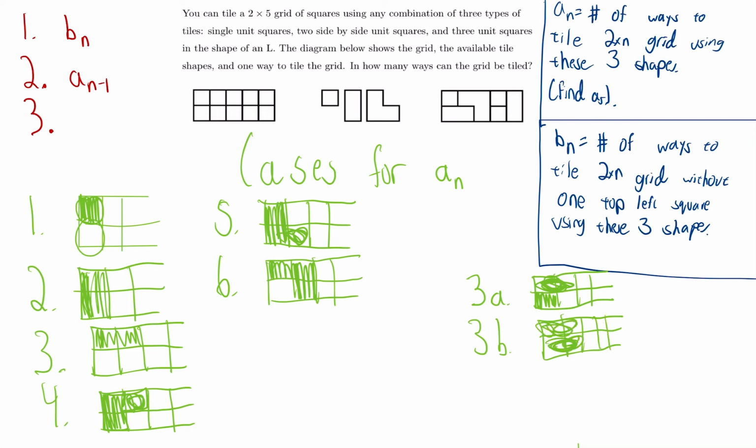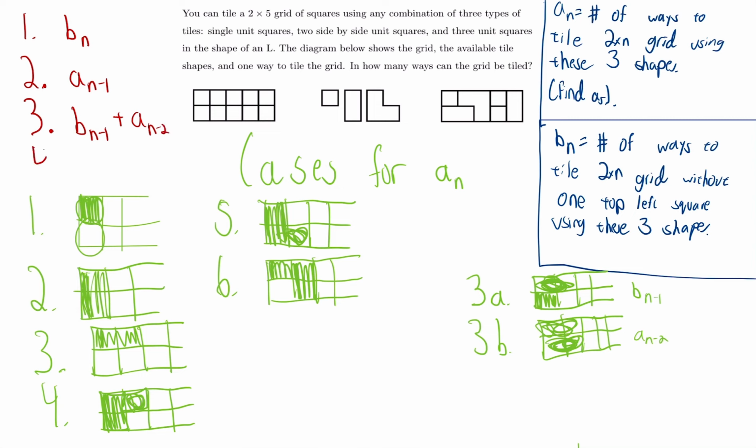So 3A is just going to be B of n minus 1, and 3B is just going to be A of n minus 2. That should be pretty clear. So for case 3, it's going to be B of n minus 1 plus A of n minus 2.